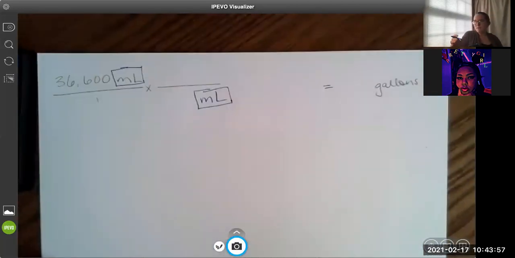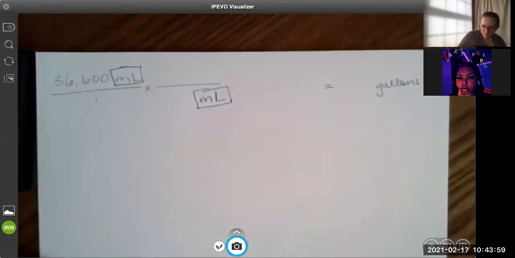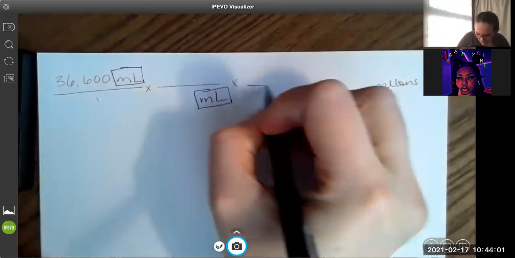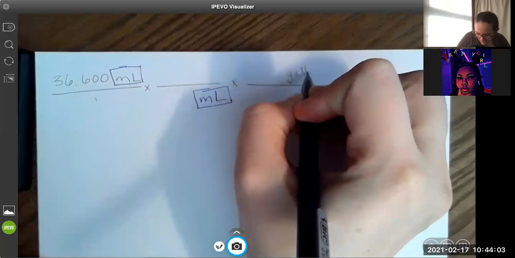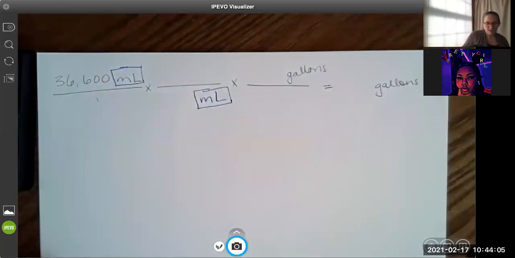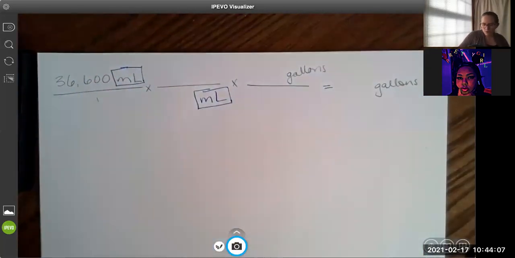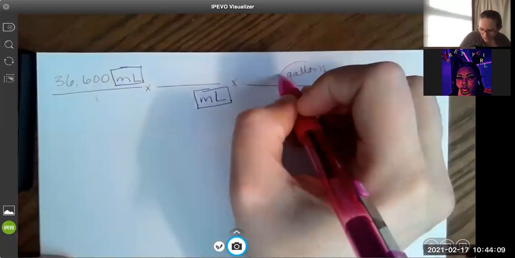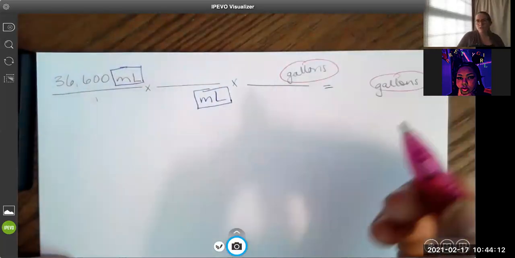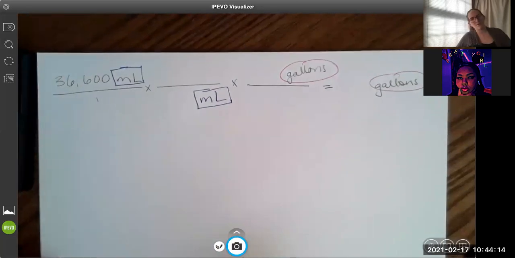Gallons on the top. Nice. Okay. So far, so good. That looks great. That was a super solid start. You are getting this. Very cool.